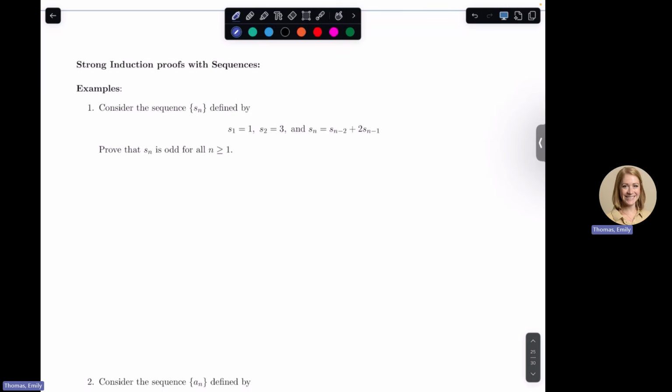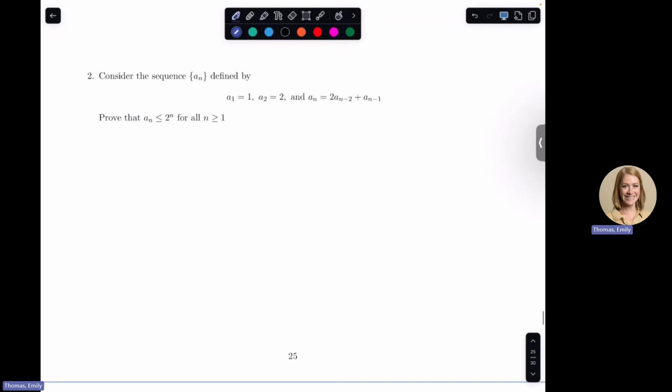For the base case, we're going to do n equals 1, 2, and 3. So you're going to say it still works for these ones that are already defined. These are odd, obviously. And then you're going to figure out what S sub 3 would be and show that it is also odd. So when you do strong induction, especially with sequences that are recursively defined, you often need to do multiple base cases so that you do it for the ones you are given and to establish the property.